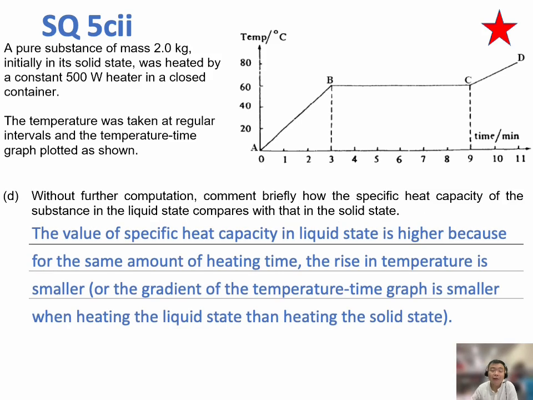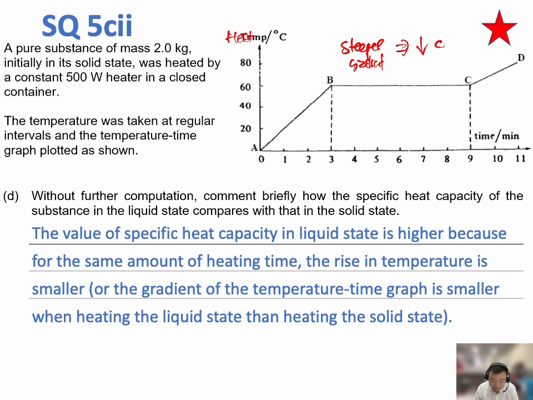Okay, in this question, when you are asked to compare the specific heat capacities using a heating curve, you can use the shortcut where the steeper the gradient will imply a lower specific heat capacity value. I have taught you all how to derive this every time, so we can ask ourselves, is it easy to heat up the object?